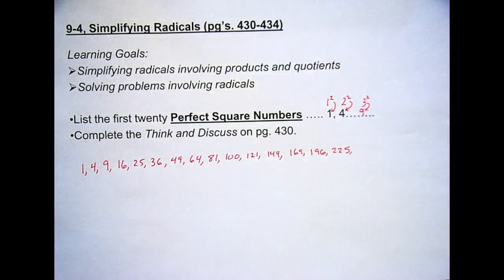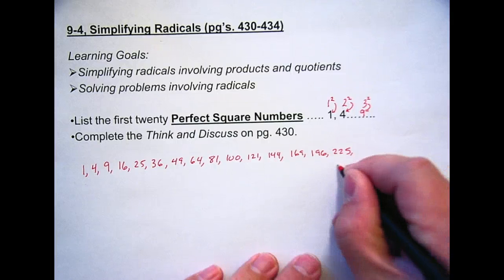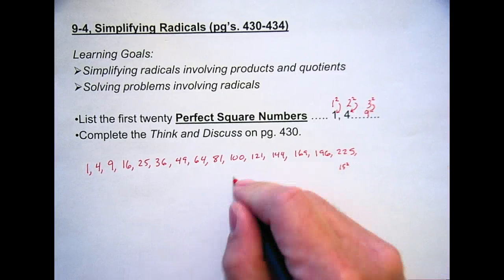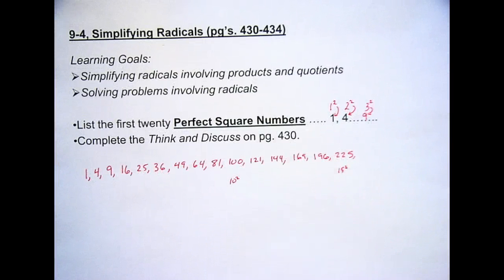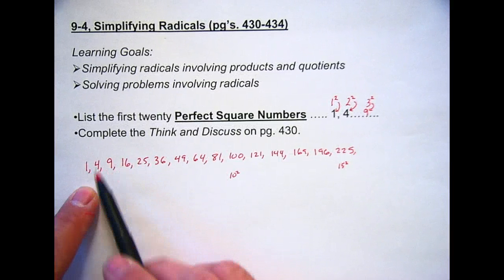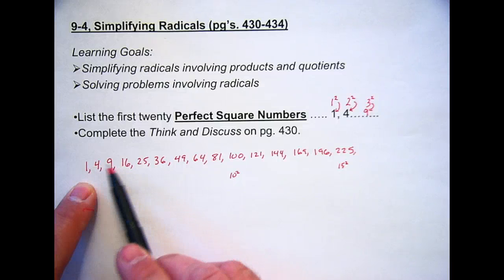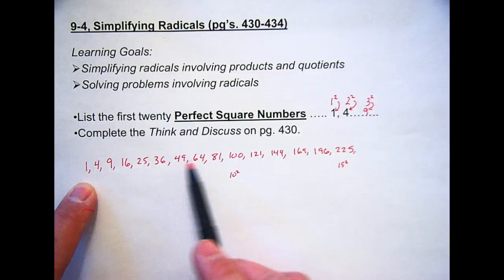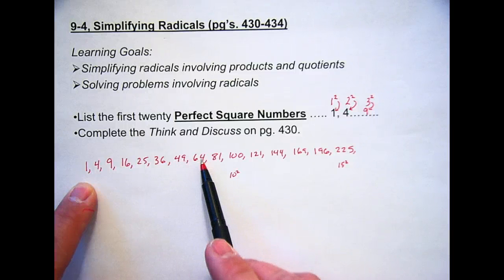Everyone doing pretty well on the perfect squares there? This is our 15 squared right here. Okay, this is our 10 squared. If you didn't know, perfect squares have patterns. Like if you know the previous one, you add 3, add 5, add 7, add 9, add 11, add 13, add 15.